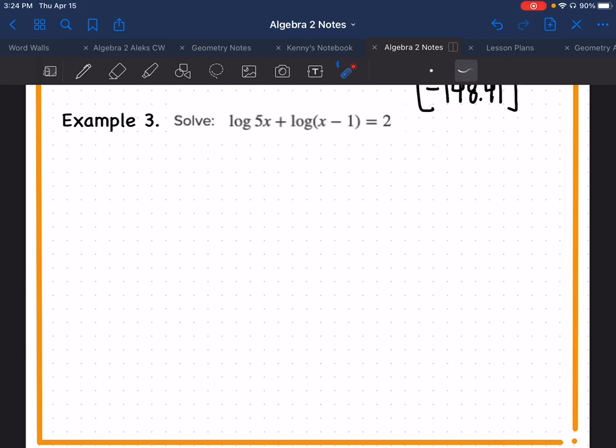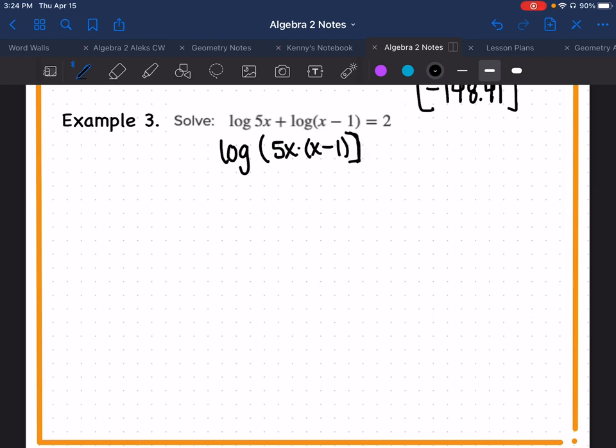So I'm going to use the product property from the first slide, which says that when we are adding logs, I can multiply them. So I'm going to change it to log, 5x times x minus 1.